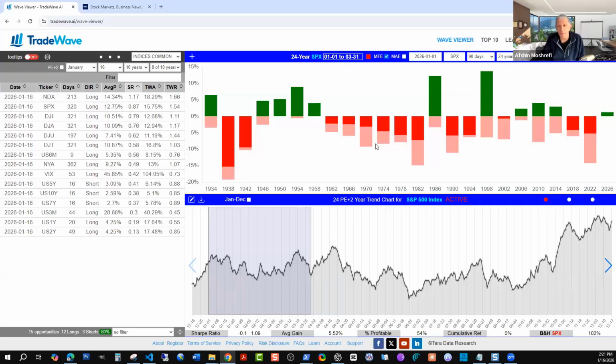So what does all this mean? To me, it means that the S&P 500 during the first quarter of midterm election years is going to be very volatile down. So I wouldn't go on a buy and hold.